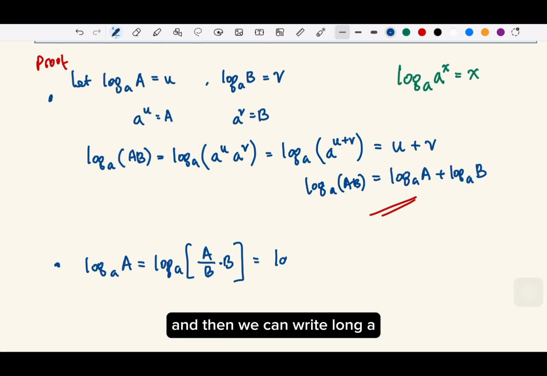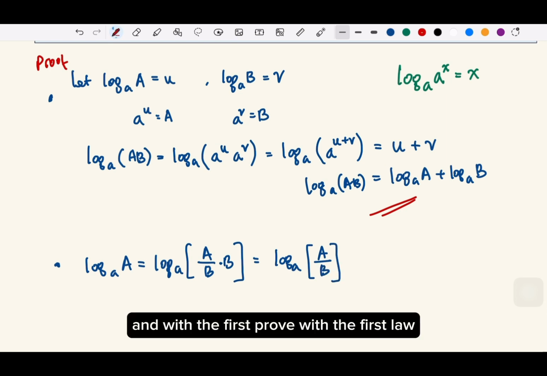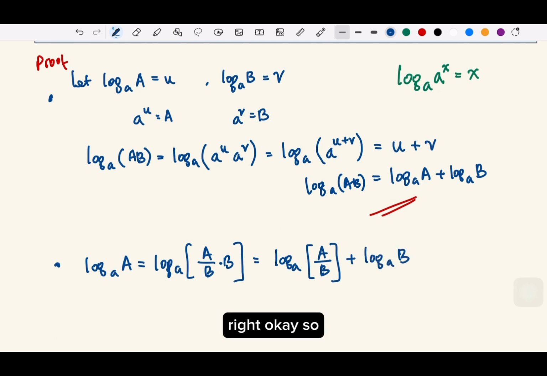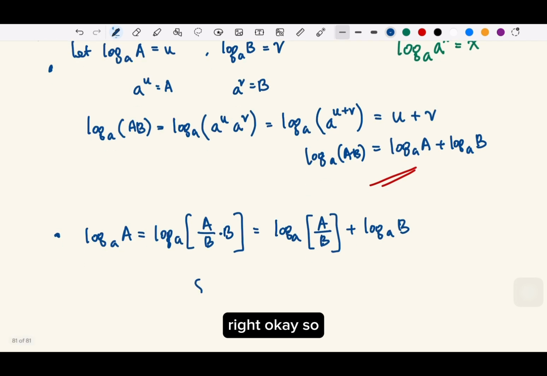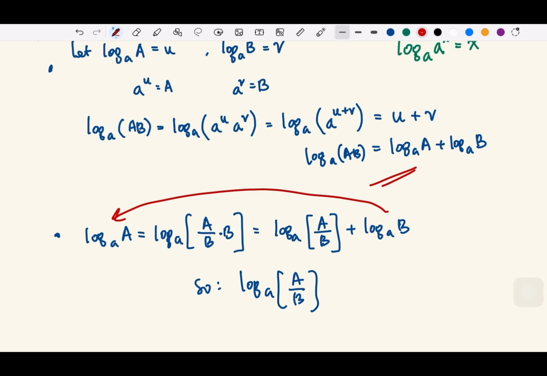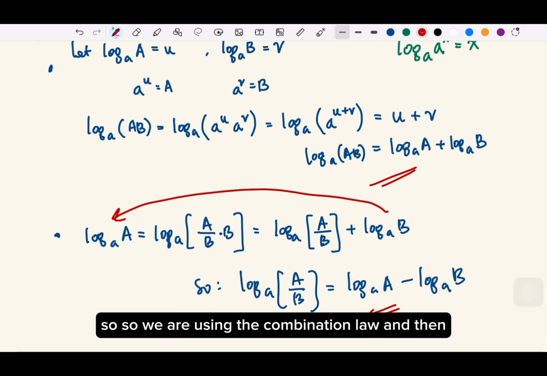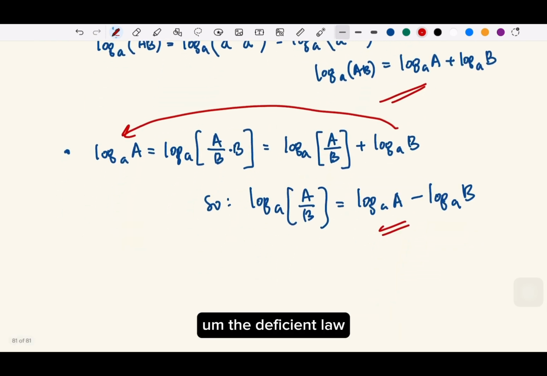Then we can write log a of A over B, and with the first proof, the first law, we can write the combination of this. Right? Okay, so we move this to the left side, log a of A over B equal log A minus log a of B. So now it is proven. So we are using the combination law and then proving the division law.